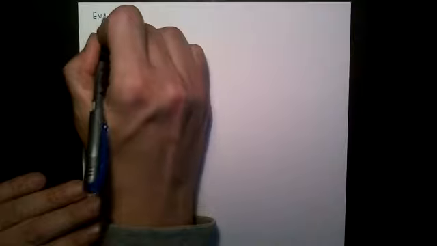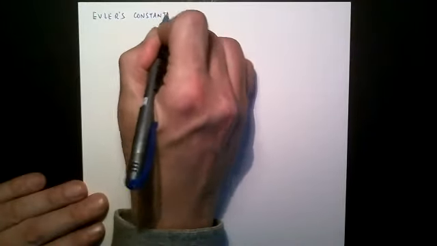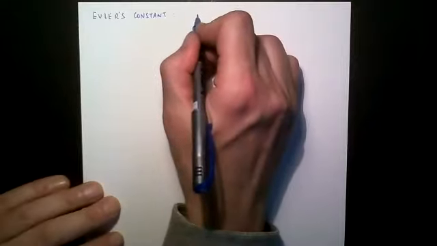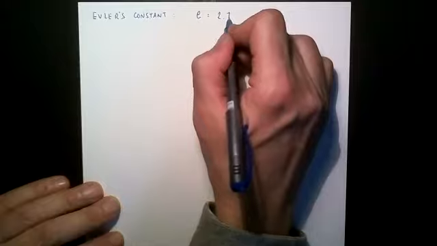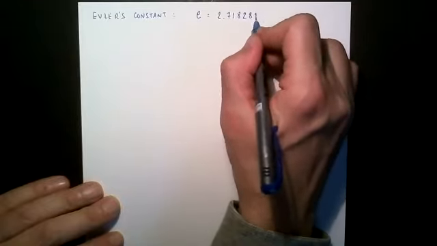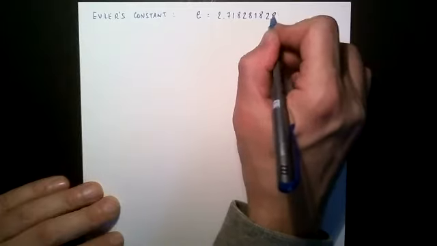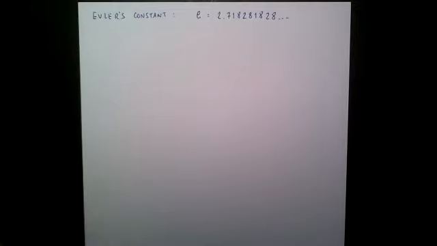So a few definitions. Okay, first thing is what we call Euler's constant. Okay, and that's e, which is 2.718281828, and it keeps going.